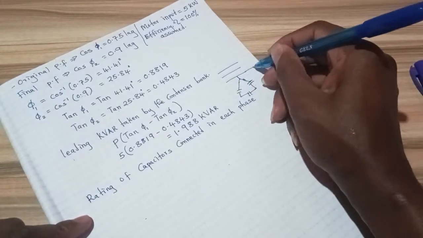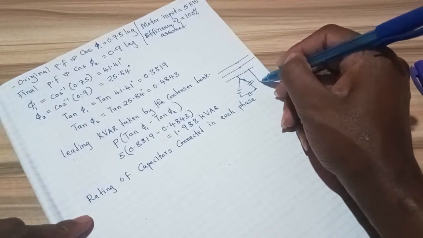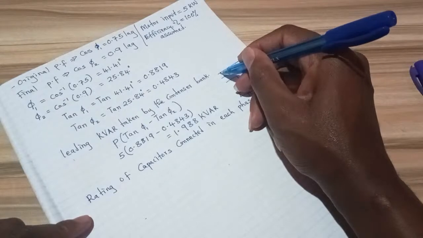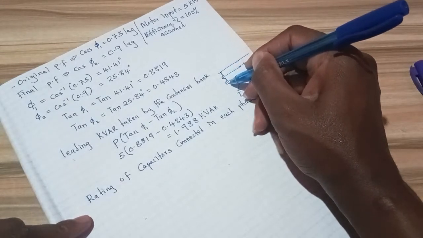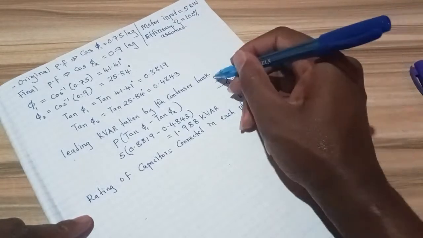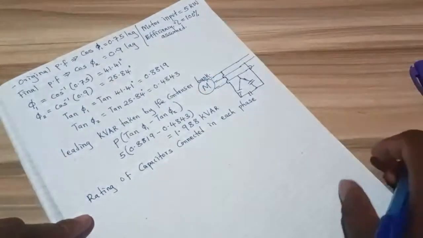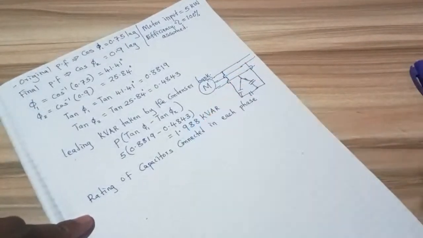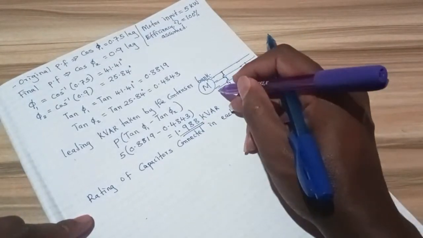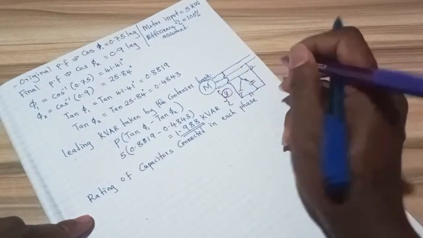So we have that phase, and again we have this, then there is this here coming downwards. So if this is our motor, the power that we have in here is simply the total power for the 3 phases.